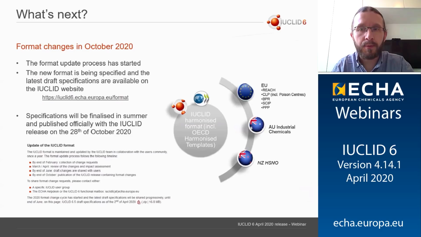We have also users in Australia and New Zealand, and all these users provided their requirements for the evolution of the Euclid format. The new format is being specified as we speak, and you will find the latest draft specifications on the Euclid website. These draft specifications are still evolving, but will be finalized in summer and published officially together with the Euclid release on the 28th of October 2020.